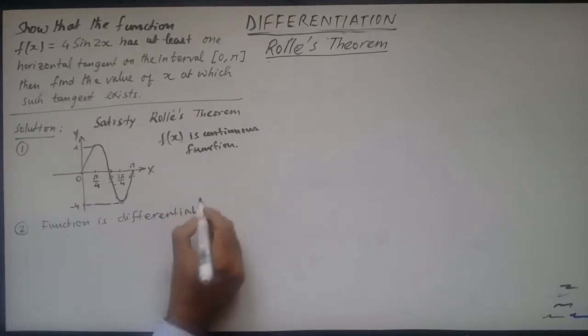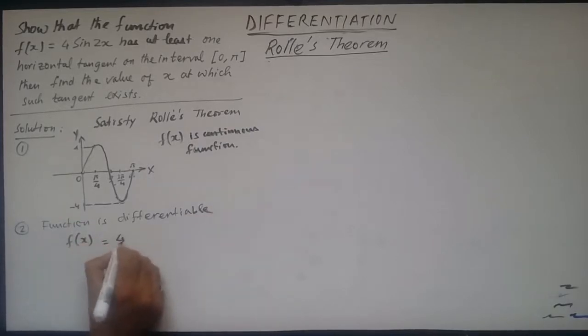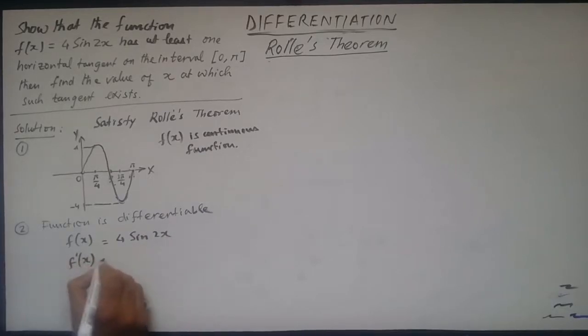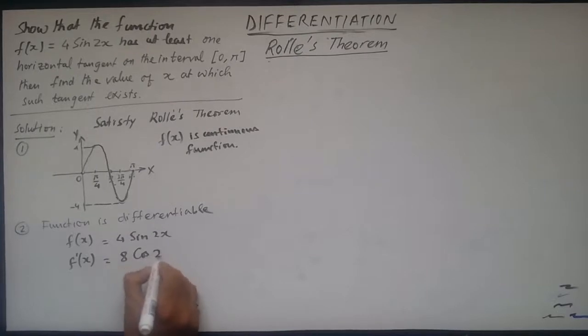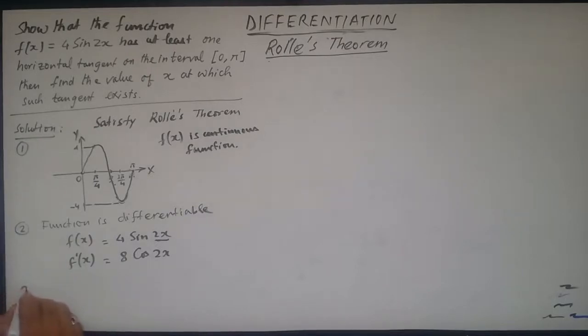If f(x) is equal to 4 sin 2x, f'(x) is equal to 8 cos 2x. The derivative of sin 2x is cos 2x, the derivative of 2x is 2, so 2 multiplied by 4 gives me 8. So the function is differentiable on the interval 0 to pi. So let's see the third condition.